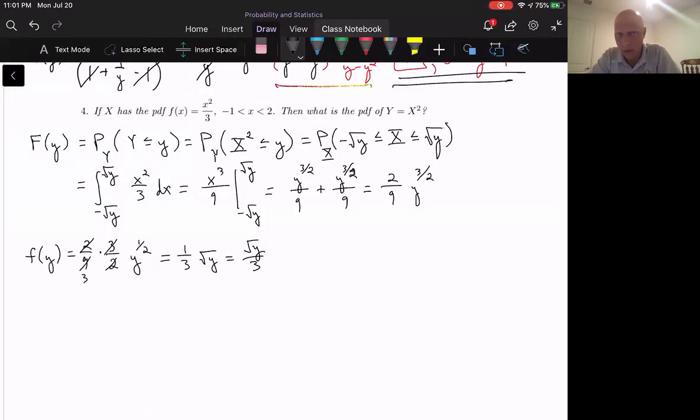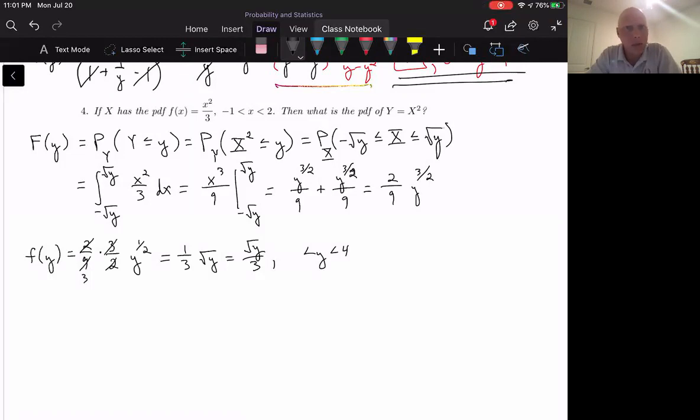What is its smallest value? Remember, y equals x squared. So when x is 2, y is going to be its biggest, which is 4. What's the smallest y might be? 1.